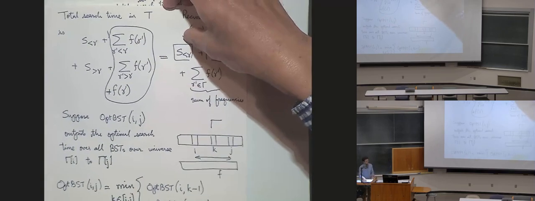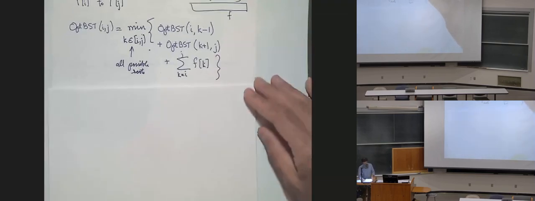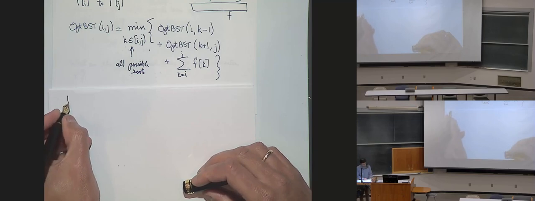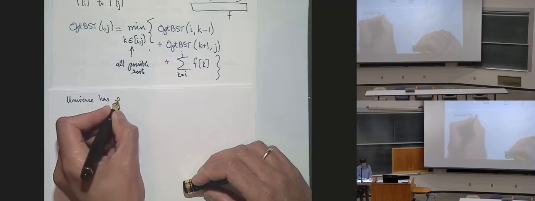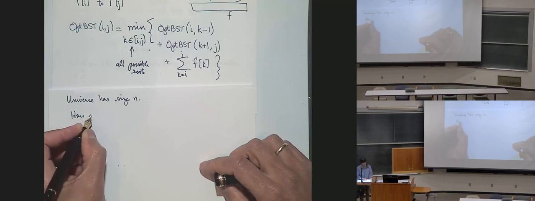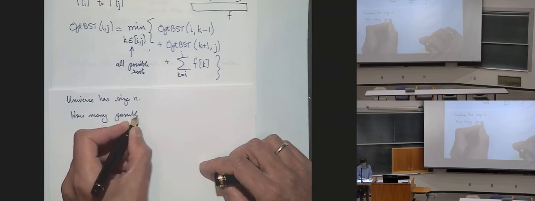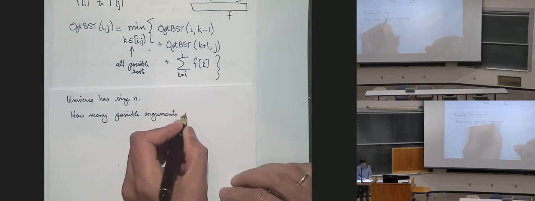So, okay, now we have all of this. If the universe has size n, how many possible arguments, as tuples, right?